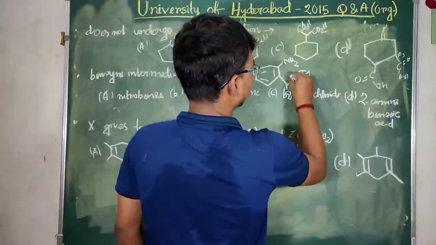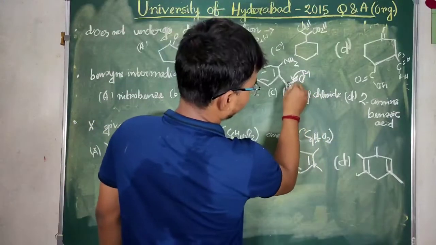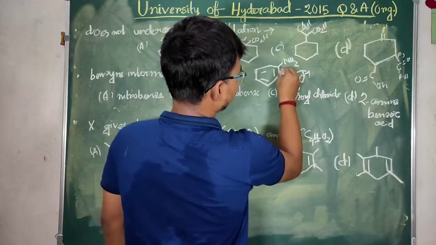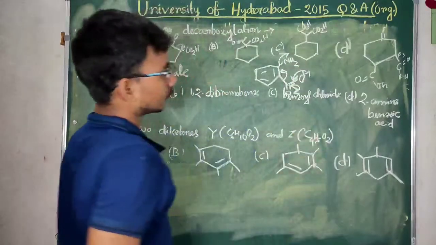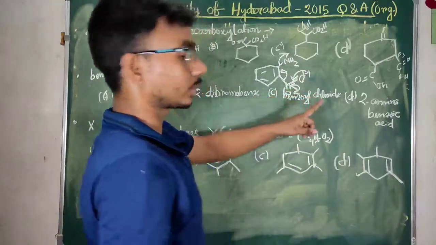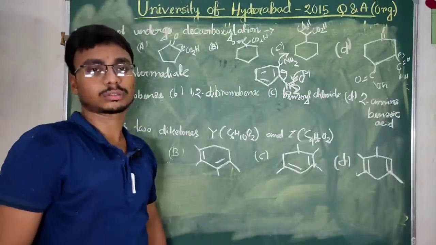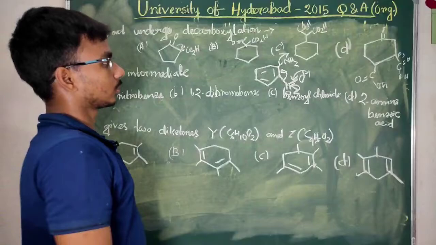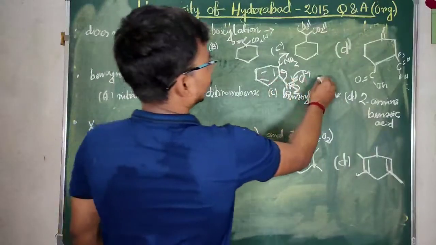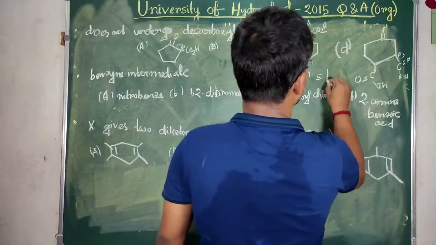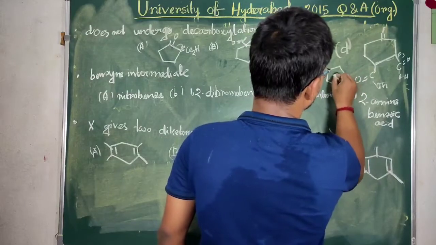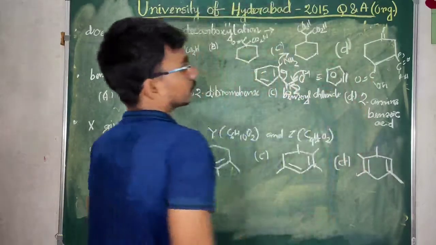So it goes backfire. Two gases are removed, one is CO2 and another is NH3. Entropically favorable, this is the reaction, we get the benzyne intermediate.